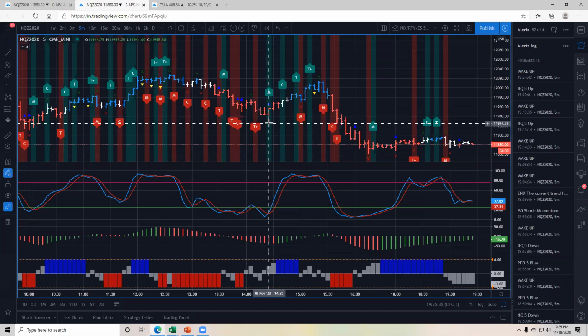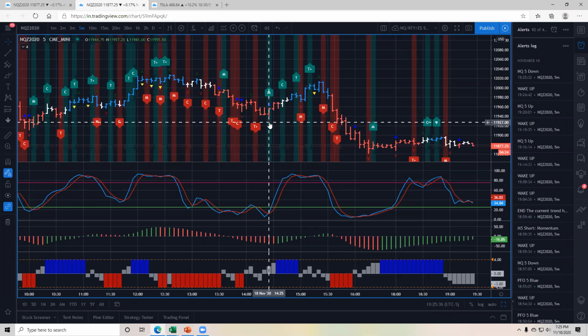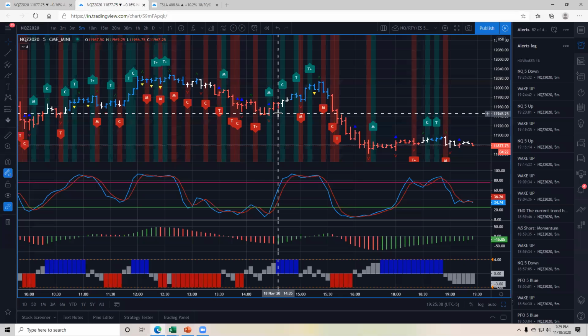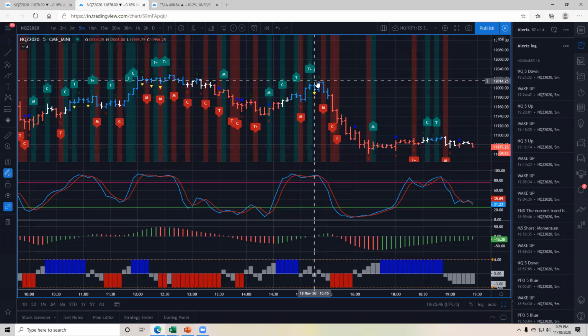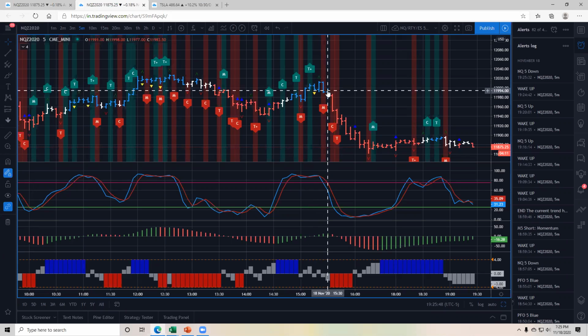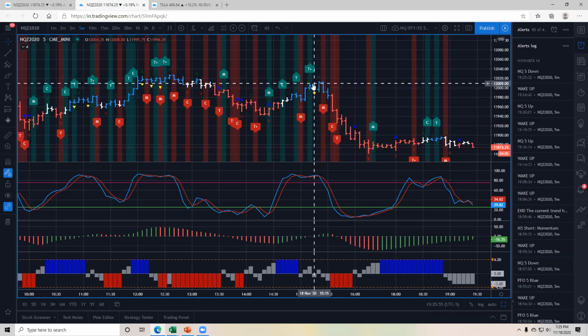So you can see that this is the lowest low in a 5-bar sequence where it is the center bar of a 5-bar sequence. Same thing with an upper fractal. Upper fractal is the highest high in a 5-bar sequence where the center bar is the highest bar of those 5 bars.